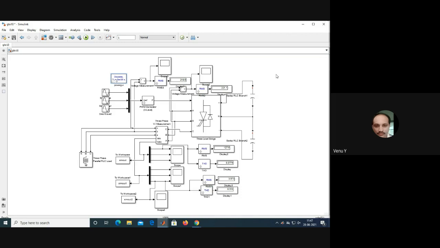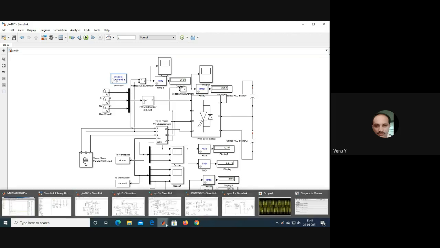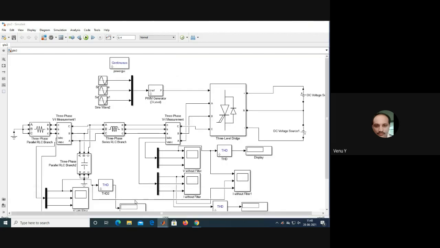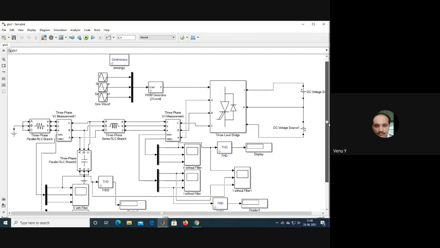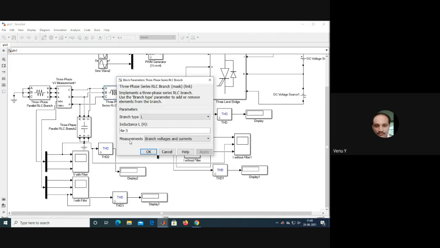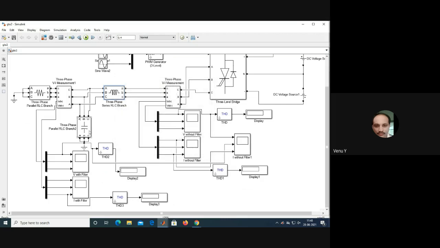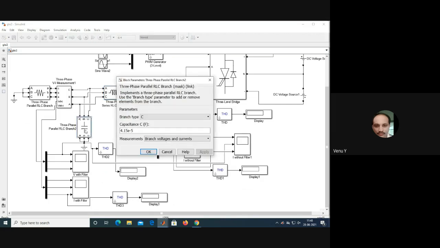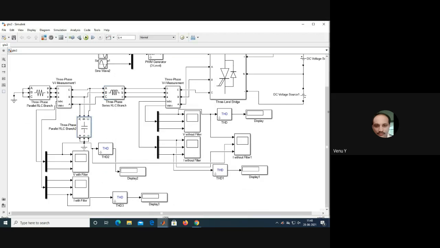With filter, so this is a filter design for this circuit. Inductance 4 into e power minus 3. Capacitance 4.15 into e power minus 5. Let us run this.